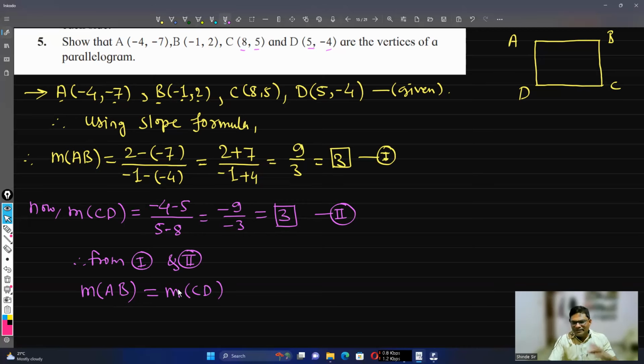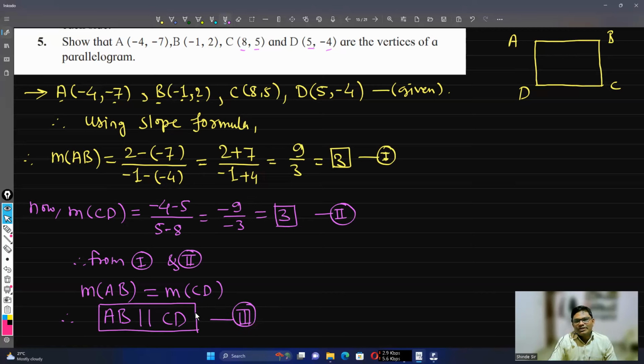And we know that if slopes of two distinct lines are equal, then those lines are parallel. So we have seen this in yesterday's lecture. Therefore, we can write AB is parallel to CD, and this will be our statement number 3.